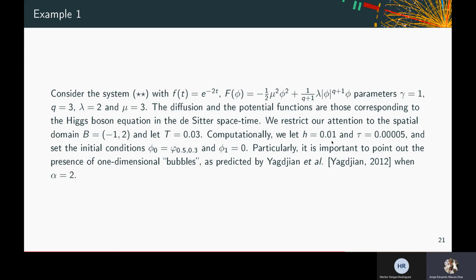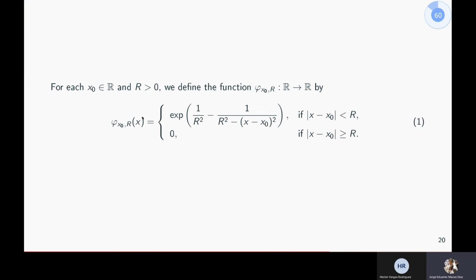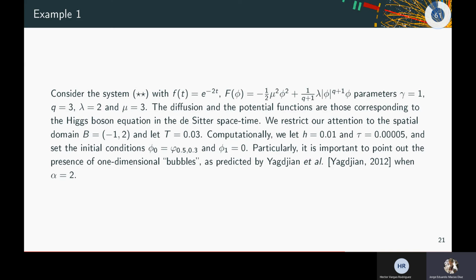Computationally, we're going to take h to be 0.01, and tau is going to be this number, and we're going to provide these initial conditions. This phi is the expression from the previous page, and phi1, the velocity, is equal to 0.